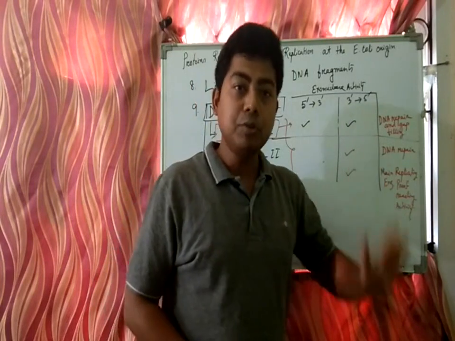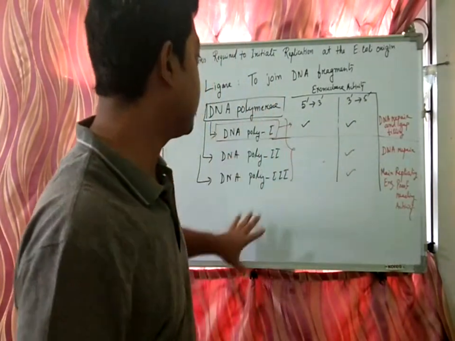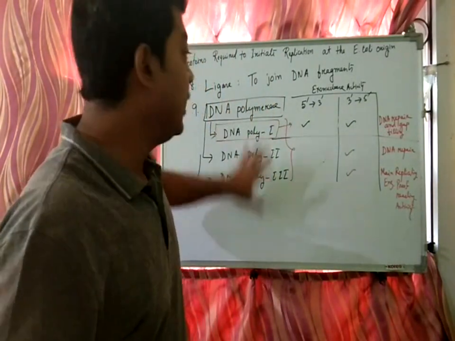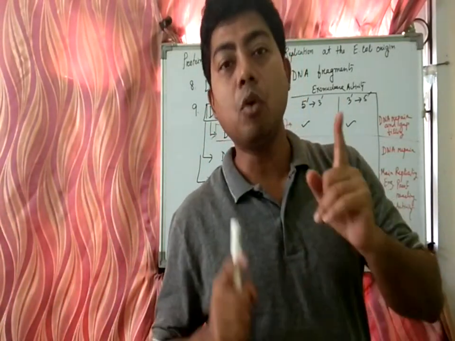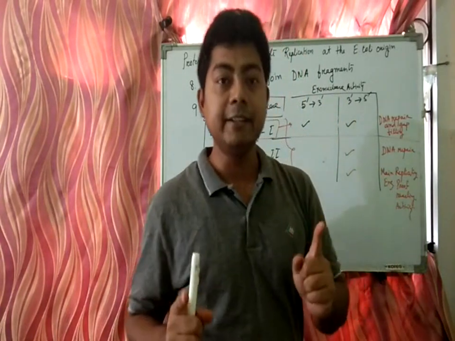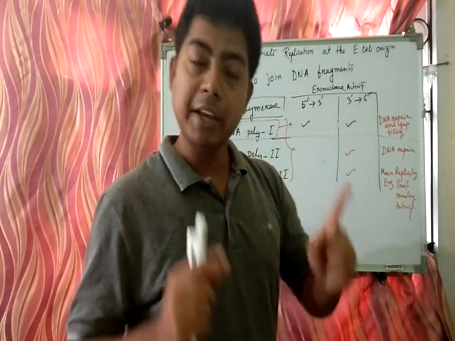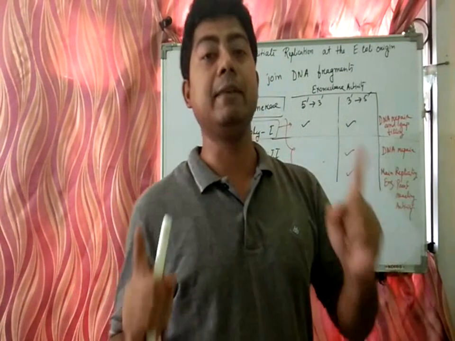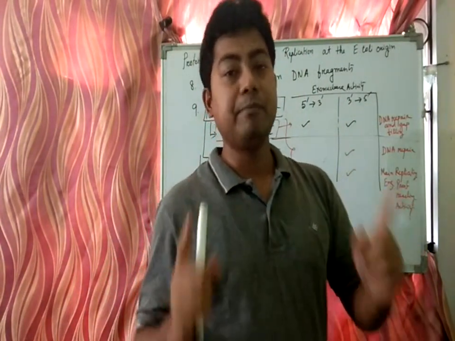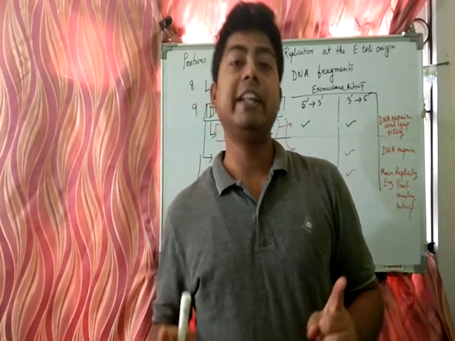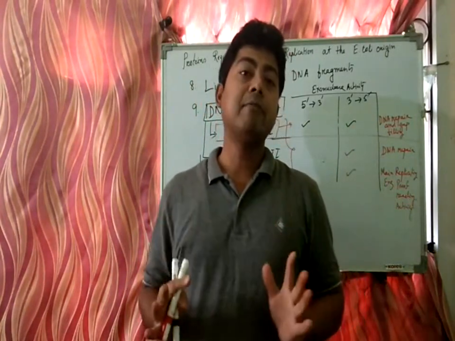Okay, so up to here we discussed the function of DNA polymerase. DNA polymerase is the important enzyme which takes part in the polymerization reaction in DNA synthesis. In prokaryotes, there are 3 types of DNA polymerase. DNA polymerase 1 mainly takes part in repair and gap filling. DNA polymerase 2 takes part in repair.